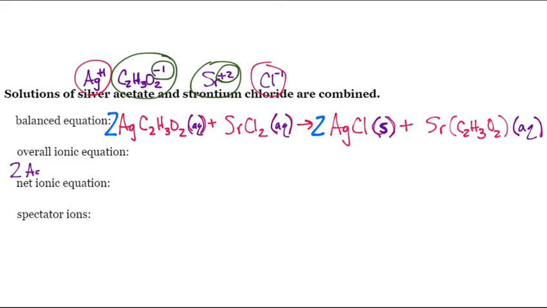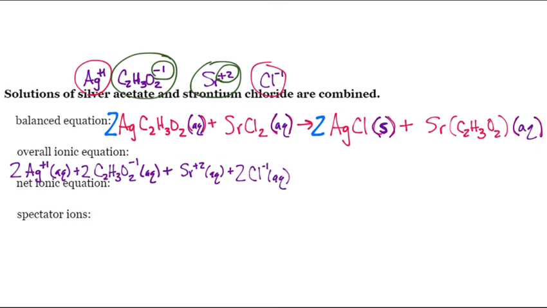I have 2 Ag plus 1s aqueous and 2, not Cl this time, C2H3O2 negative 1s, also aqueous. And then I just have 1 Sr plus 2 ion. And this is where I'm going to bring my 2 subscript up to be a coefficient, because each of those chlorines are going to break off separately.